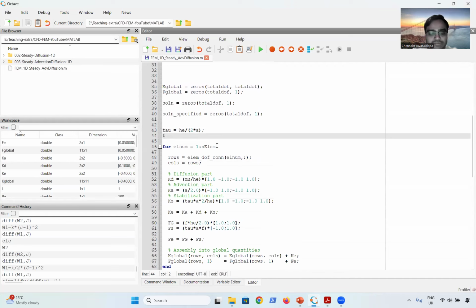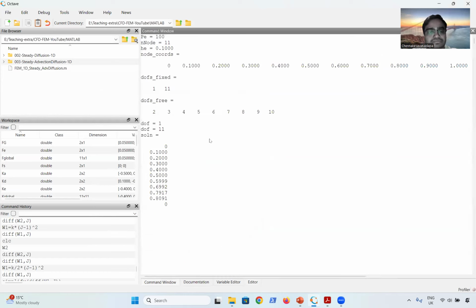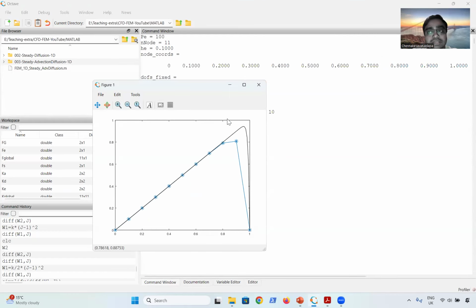So we can make tau 0, that is, we are nullifying the effect of stabilization, and we get spurious oscillations. Now if we include the stabilization, you can see we got rid of the spurious oscillations. The solution has no spurious oscillations, which is not accurate, but we got rid of the oscillations.